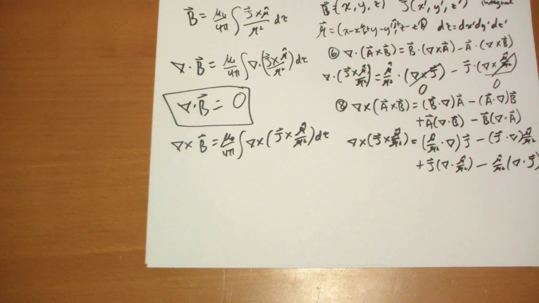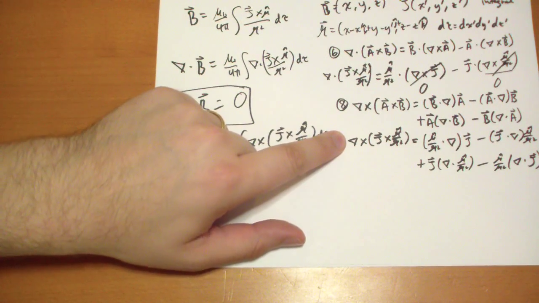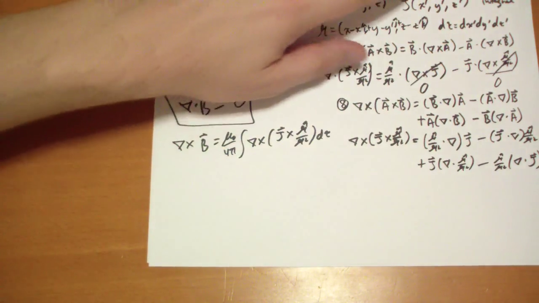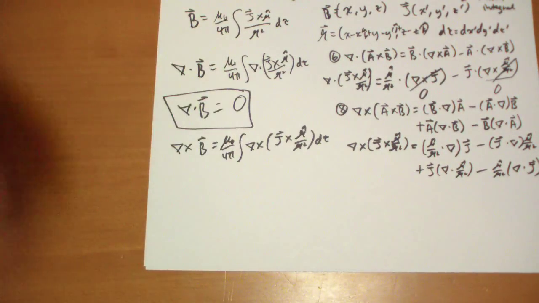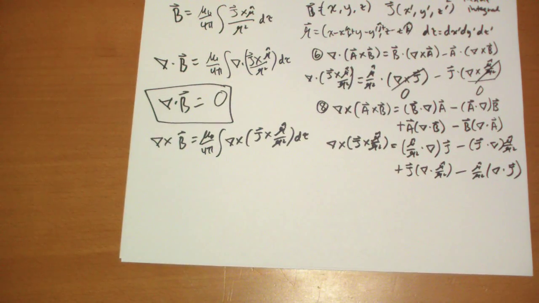Which ones can we cross off? Well, again, this is an operator operating according to d/dx, not d/dx prime, but d/dx, d/dy, d/dz. So anytime we have this thing interacting with the J, we can say that that's 0.